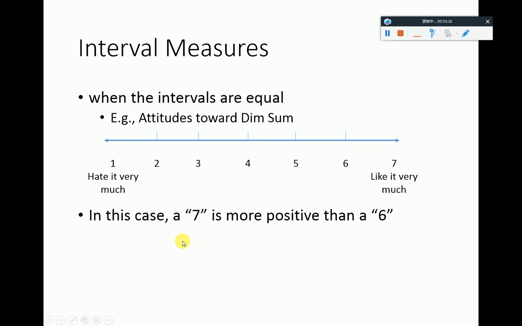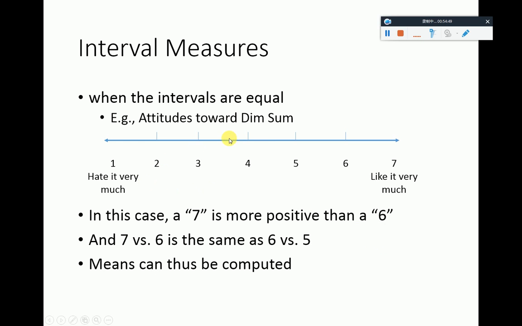So with this particular scale, a 7 is definitely better than 6, but very importantly, 7 is better than 6 to the same extent as 6 is better than 5. The reason is that the interval between 5 and 6 and the interval between 6 and 7 are the same.